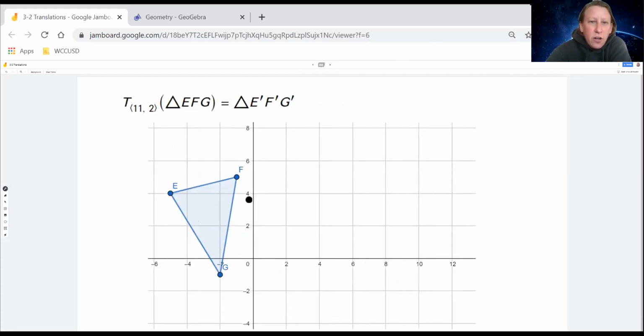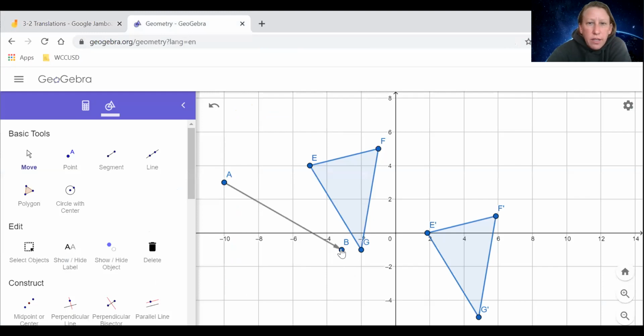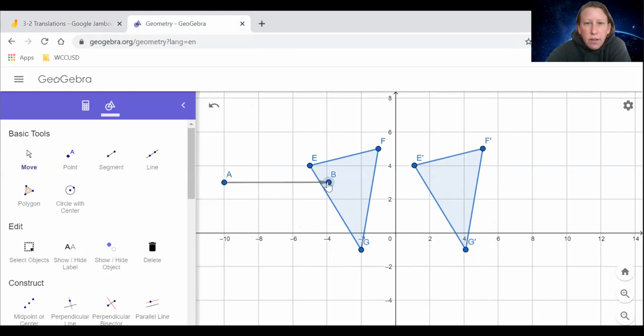Okay, so let's say I don't want to do this one. Let's say I don't want to think about it. So I could just add 11 and 2 to the x and y coordinates. I'm going to be stubborn and go to GeoGebra and do it again. So now I don't want to move it 7, 4.